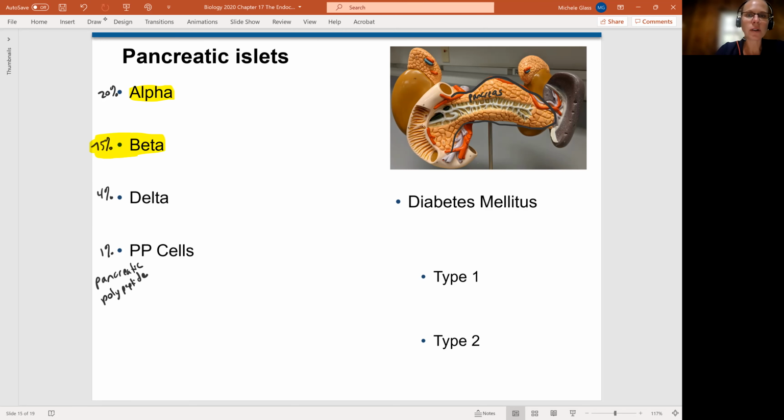Now, some of you already know that the pancreas is involved in glucose regulation, and that's coming from these alpha and beta cells. The alpha cells are going to be producing the hormone glucagon.